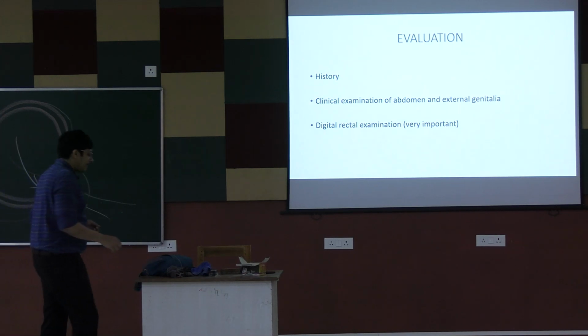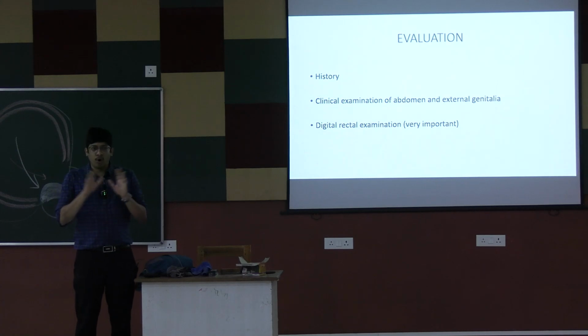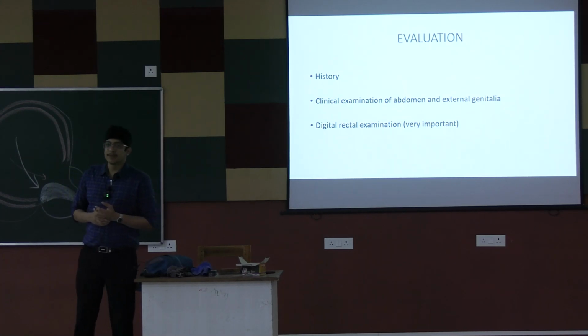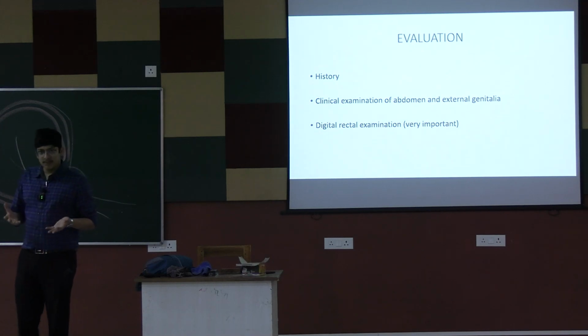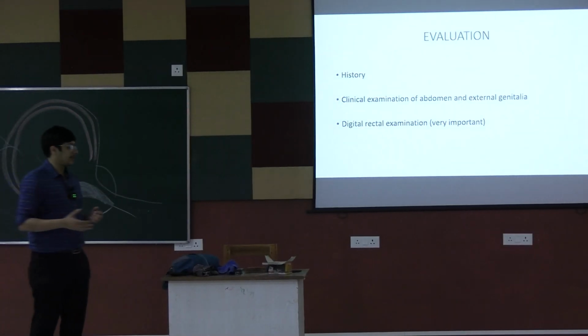When we are clinically examining a patient with urinary symptoms, our intention is to look for all the signs and symptoms in the patient which might lead to similar symptoms in the patient, and also we have to look out for those signs which are clinically relevant to the effect of this disease itself.